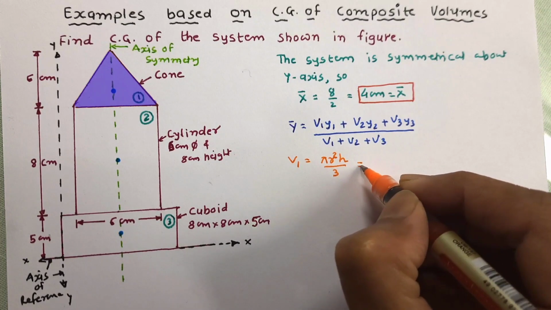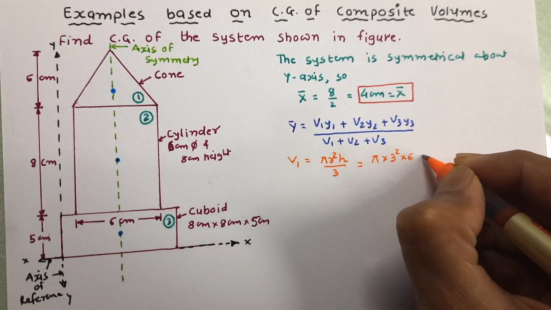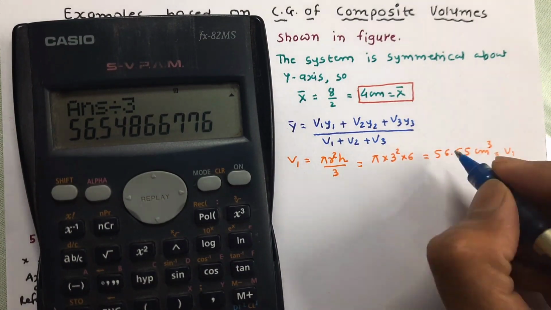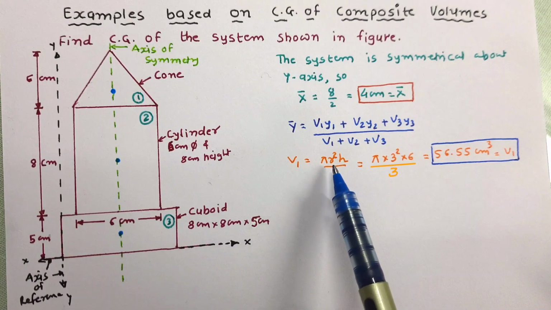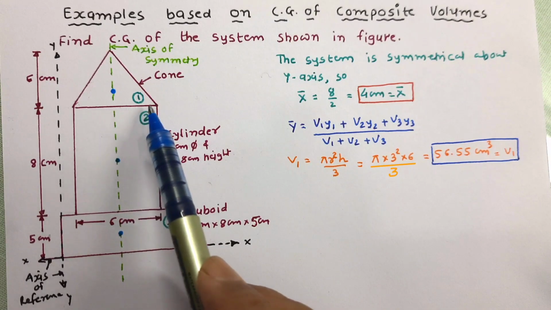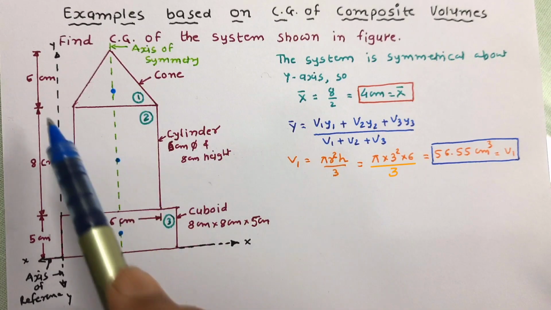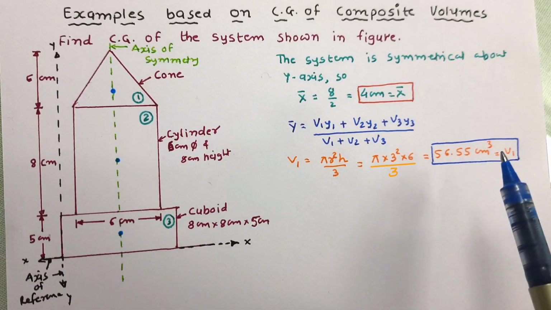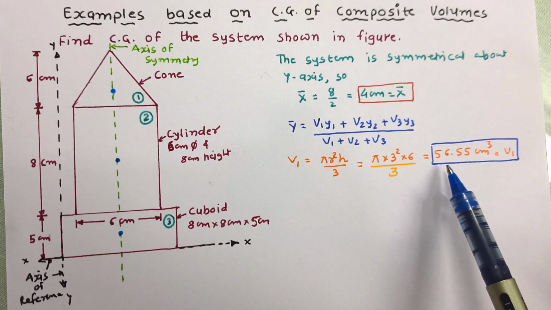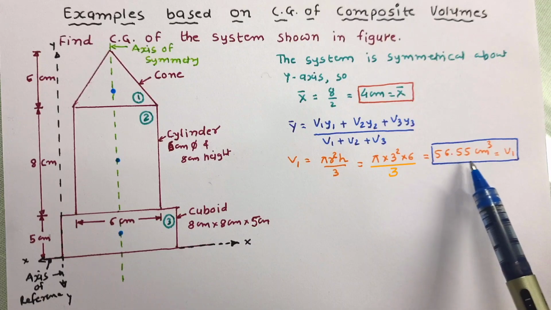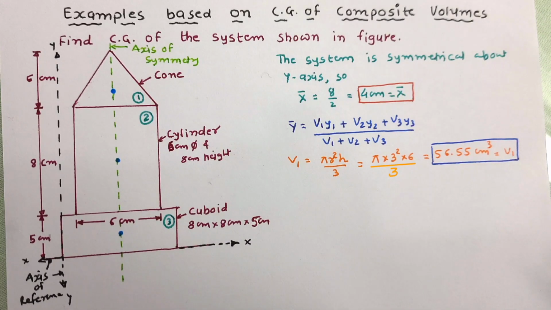Let us equate all the values. So by equating value of r, that is 3 cm, and h, that is height of cone 6 cm, the volume of cone has been obtained as 56.55 cm cube. Now let us work out V2.